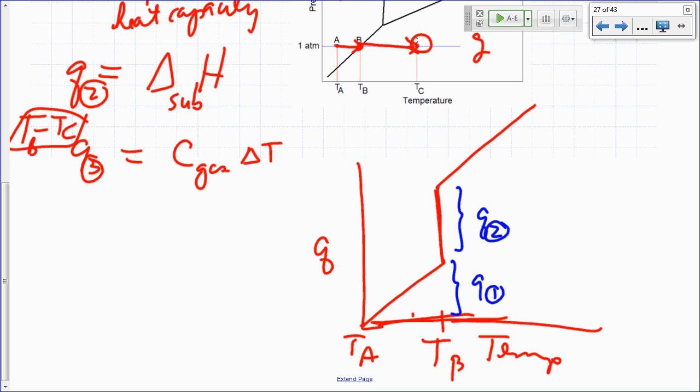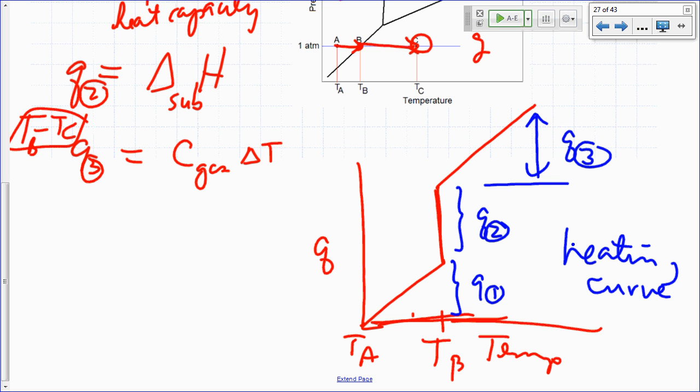Keep heating it, and the temperature will start going up again. So this difference right here is Q3. Okay, you should be able to draw a curve like this. This is called a heating curve, right? For a substance that sublimes.